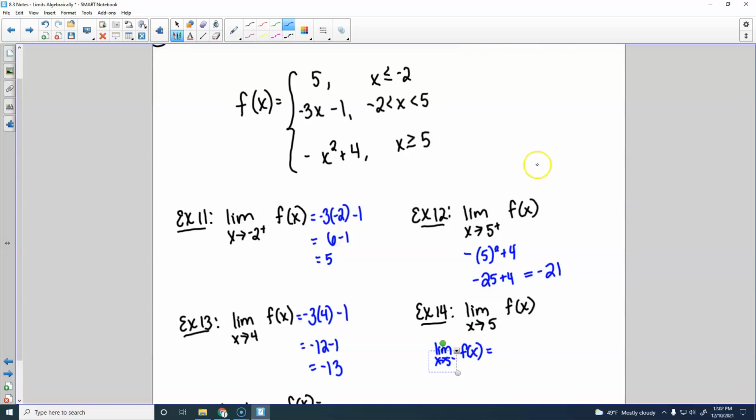And from the left, right here at 5 is where these two come together. I'd pick this middle function. So -3 times 5 minus 1 would give me -15 minus 1, which would give me -16.